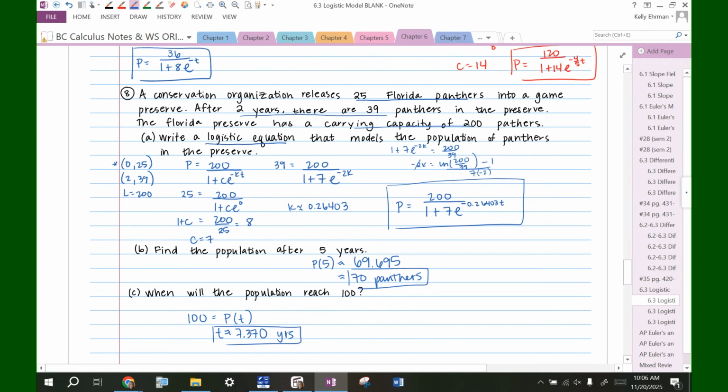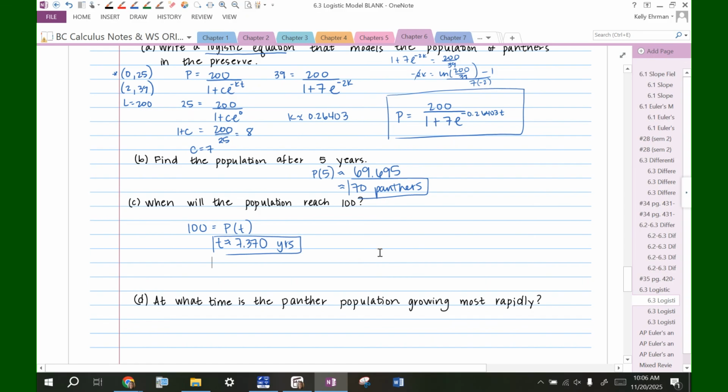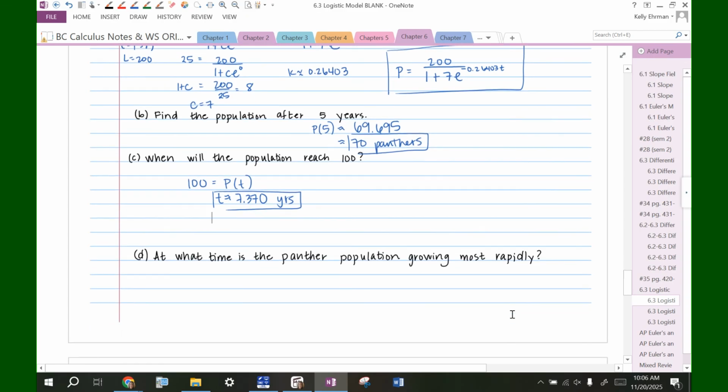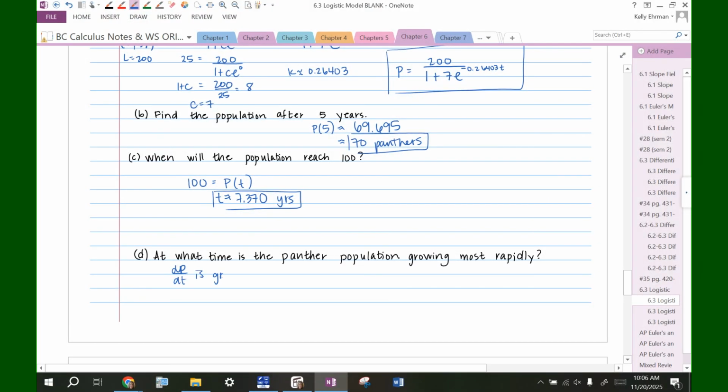Okay, let's see what the next question is. At what time is the panther population growing most rapidly? This is asking you about dP/dt. dP/dt is greatest, most rapid growth, at 1/2 carrying capacity, which is half of 200, so 100.